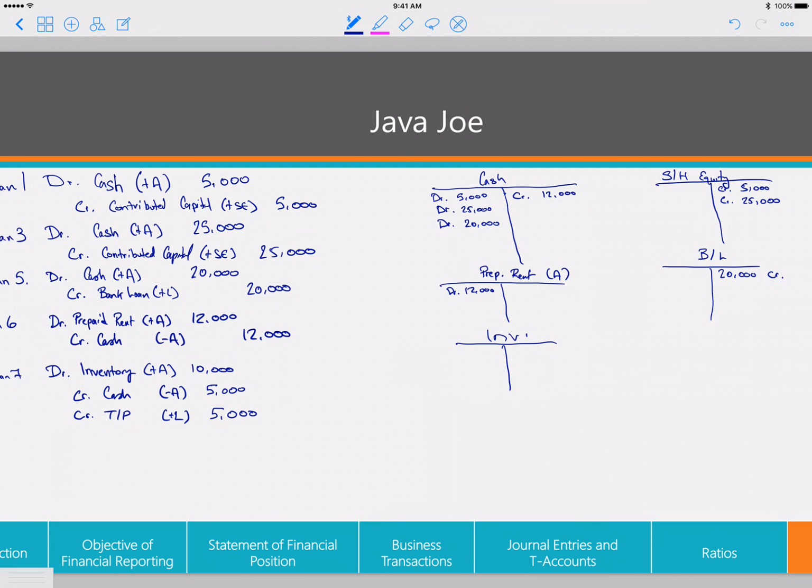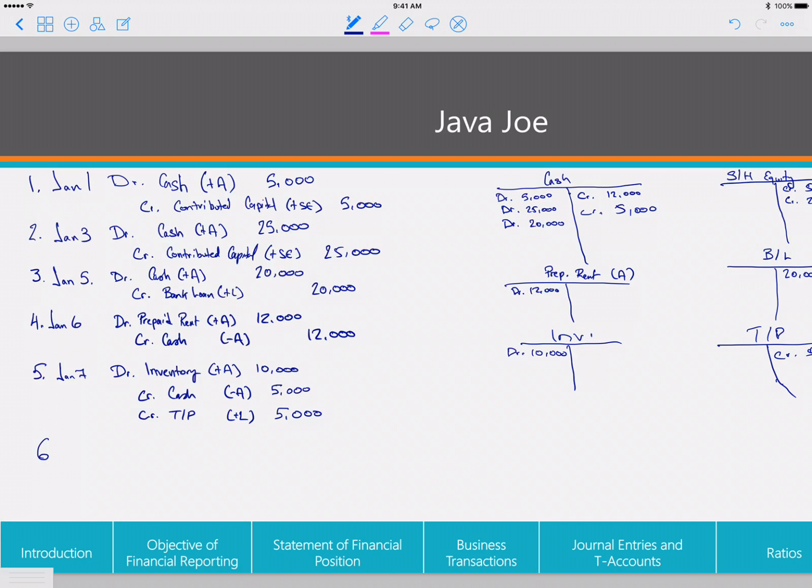So inventory is 10,000. We credit cash by 5,000. And we also are going to credit our trades payable by 5,000.